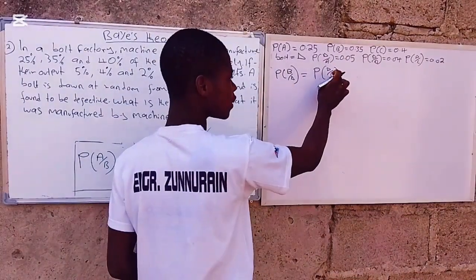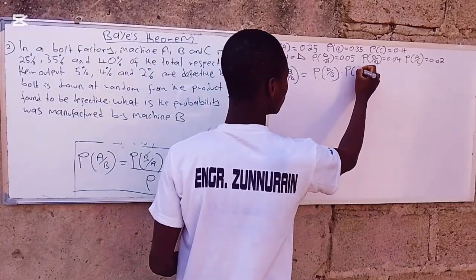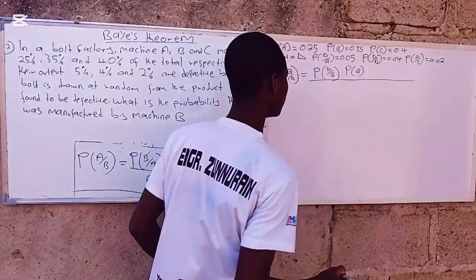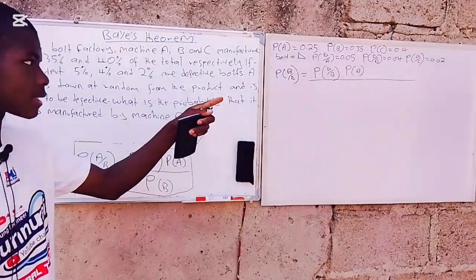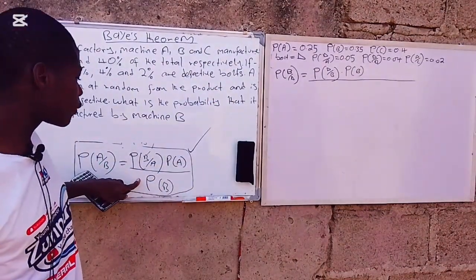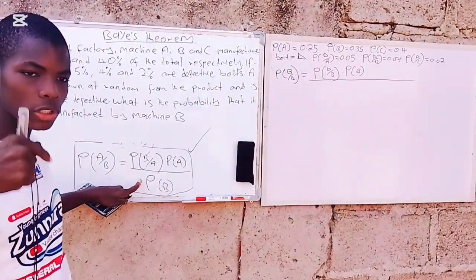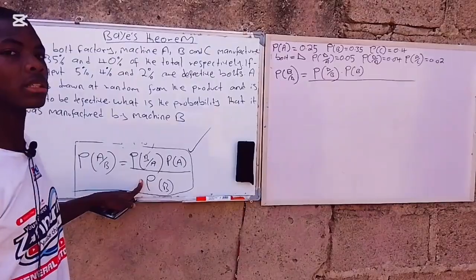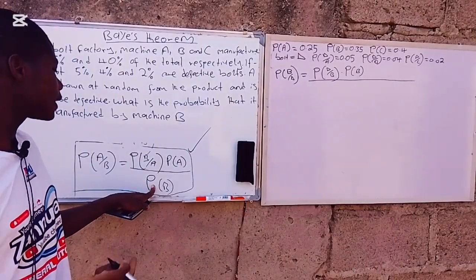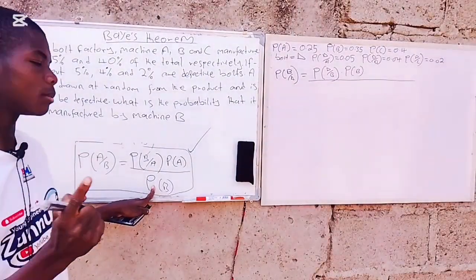Then you have to multiply by the probability of B. In this case, I have probability of A, I have probability of B, I have probability of C. So in this case that we prove, we only have probability of B.